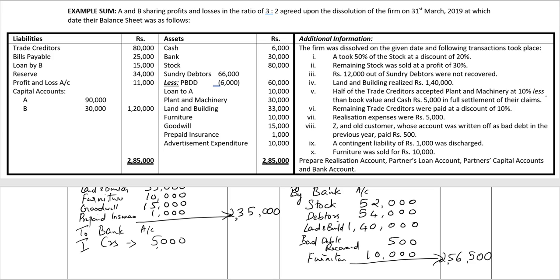The sixth point says remaining trade creditors were paid at a discount of 10%. The remaining trade creditors is half of 80,000, which is 40,000 rupees, and it's paid at a discount of 10% or 4,000 rupees. So amount paid to the second half of your creditors is 36,000 rupees.